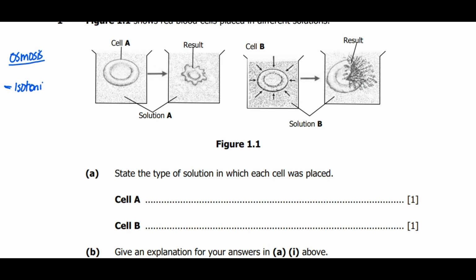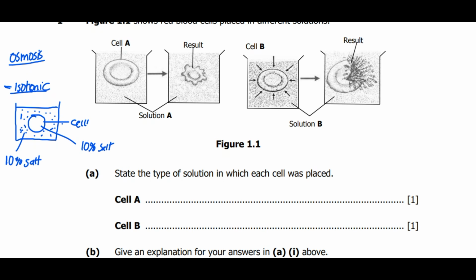isotonic solution. Now isotonic solution is a type of solution where the concentration of the solution is equal to the concentration of the cell. So if for instance this is our cell here, then we have a solution. Now if we take this solution to have 10% let's say of salt, then the cell will also have 10% of salt.